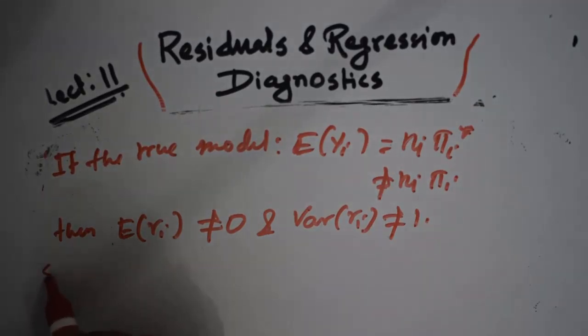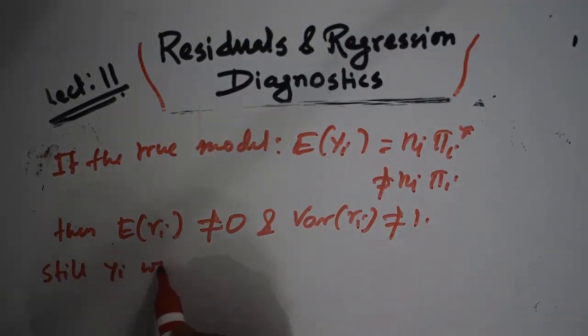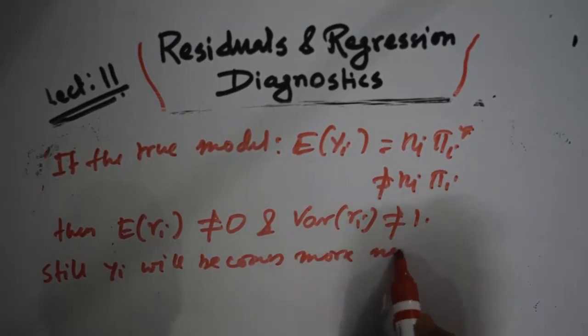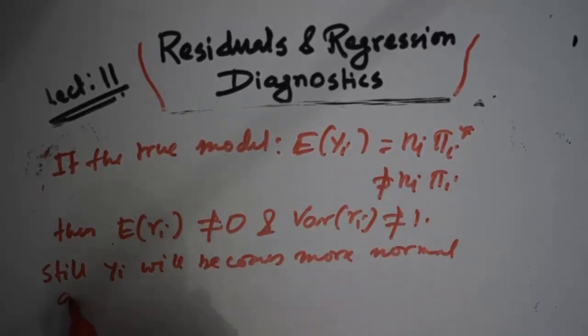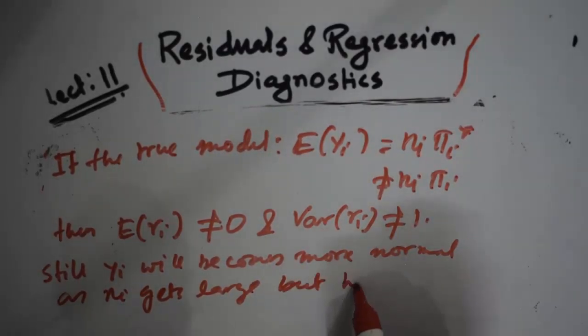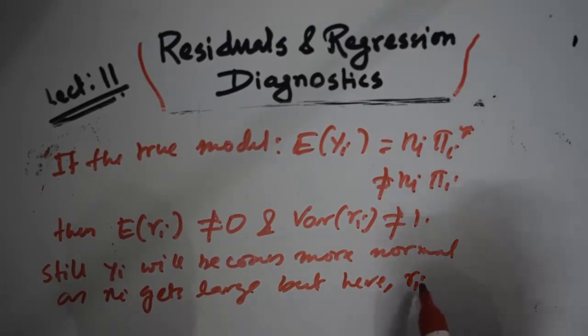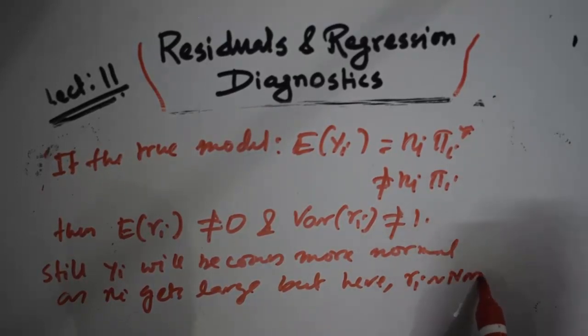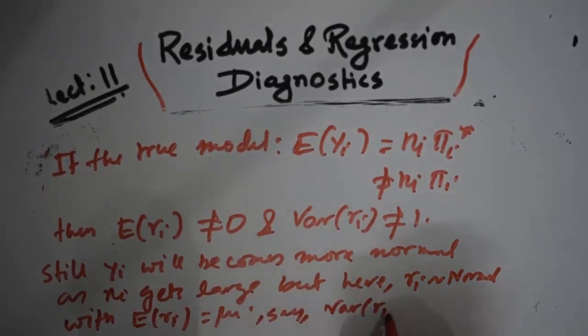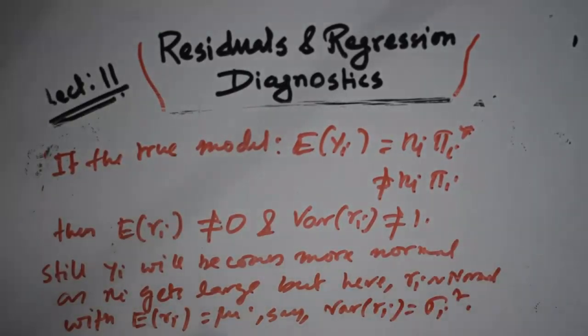Still yi becomes more normal as ni gets large, but here Ri follows normal with mean expectation Ri, I denote it mu_i say, and variance of Ri, I denote it sigma square i say.